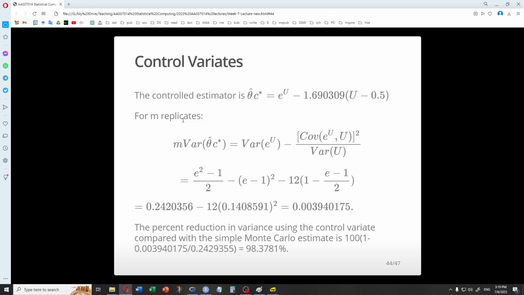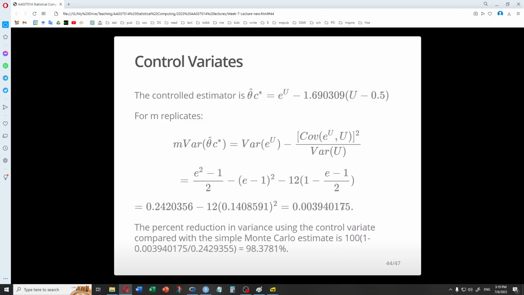So for m replicates, m times the variance of theta hat c is given by the variance of e to the U minus the covariance of e to the U and U squared divided by the variance of U, and then you just plug in all this information.